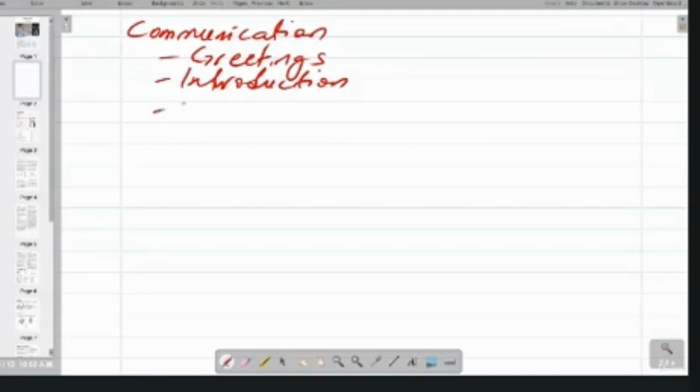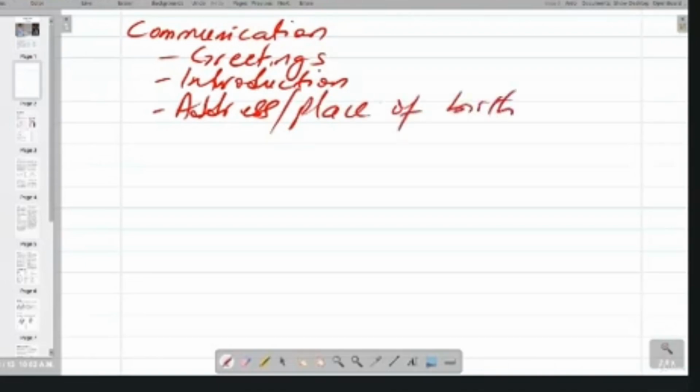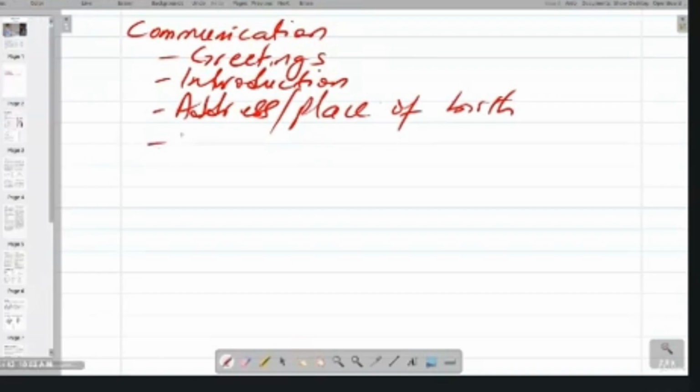You'll be able to give personal information such as your address and place of birth, etc. Now you will also be capable of telling people about your nationality, where you are from.